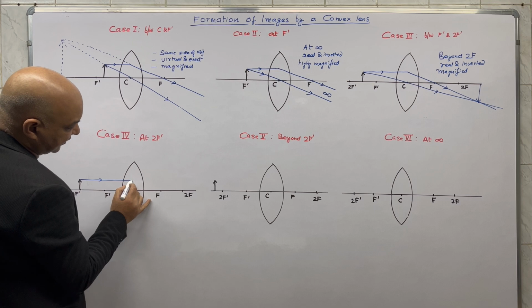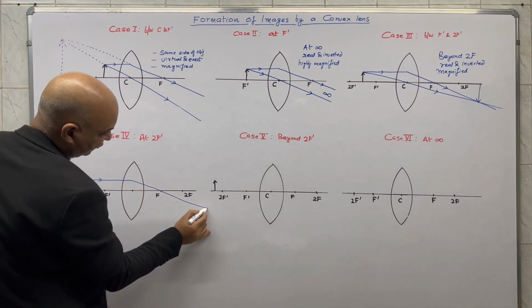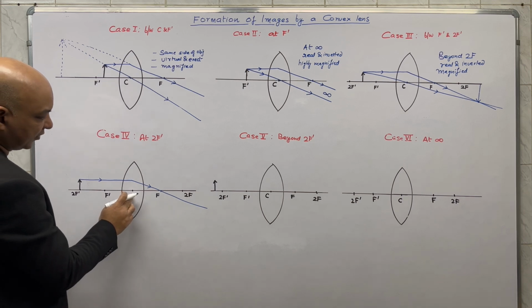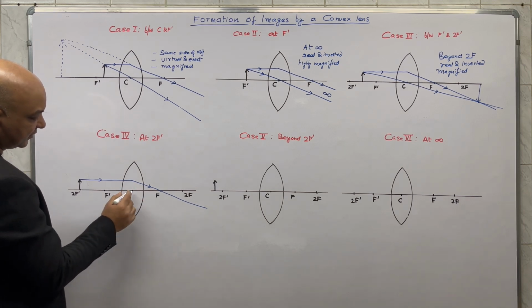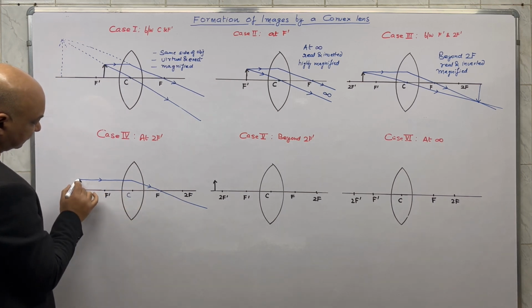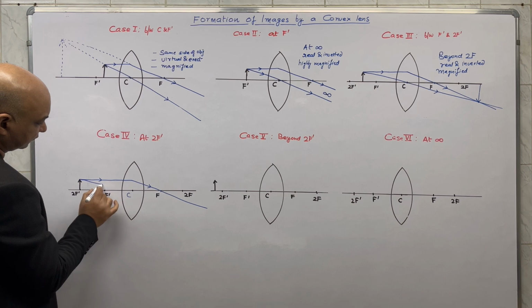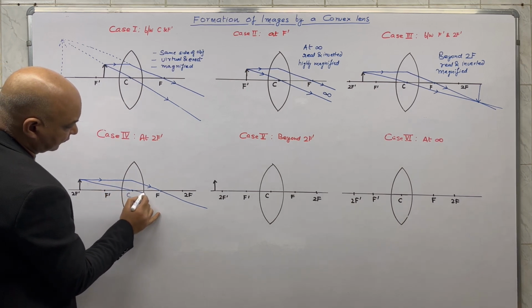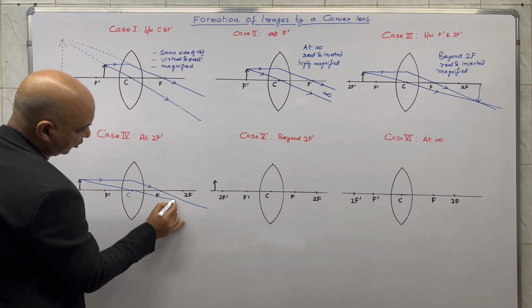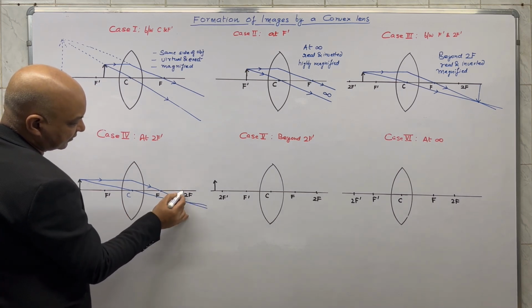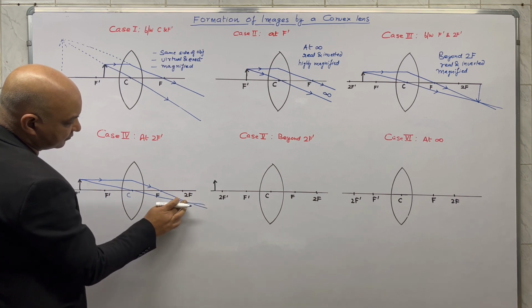After refraction passes through focus, and second ray I am going to take passing through optical center C, they both surprisingly will be meeting at 2f only.